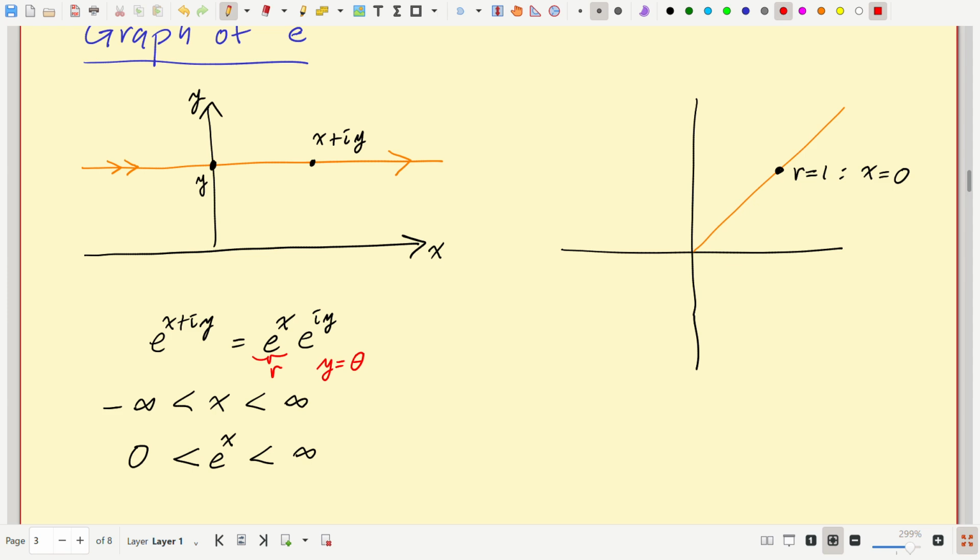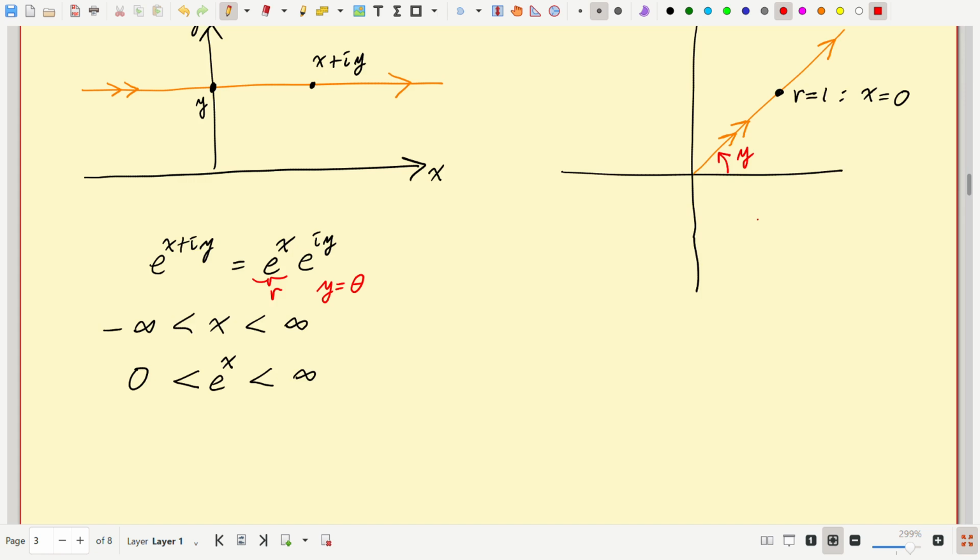That case is when x is equal to 0, on the y-axis there. That means the orange stuff to the left, the double arrow stuff, gets mapped to this part of the radius, and the stuff to the right gets mapped to the radius outside r equals 1. And this angle here is y. Okay? If you understand that well, that means you understand the complex exponential. It's kind of a beautiful picture to think about.